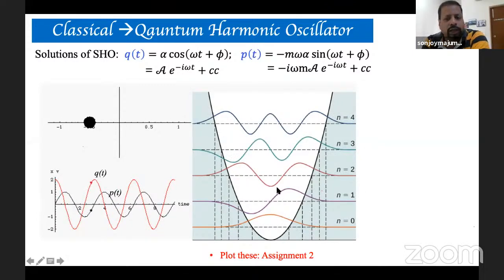So in a narrow span of this oscillation, we will be able to see the energy quantized, and you will see that quantization for n equal to 0, 1, 2, 3, and so on. And the corresponding wave functions, I'll explain in the next slide, maybe. That's better.